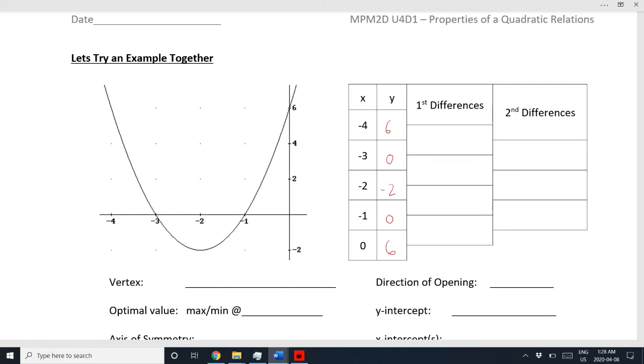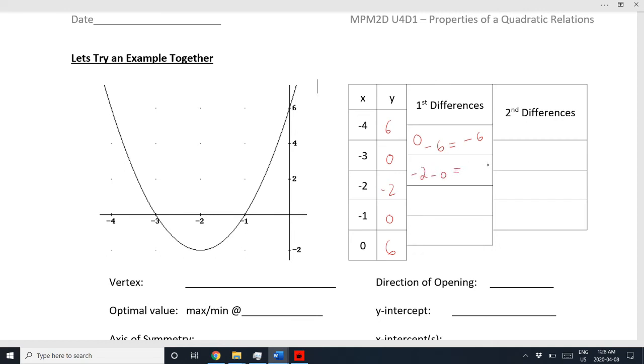We will now find our first differences. As you recall from grade 9, first differences is where we take the second y value and subtract the first from it. Let's try it here. Our first difference would be the value when we take y2, which is 0, and we're going to minus the first y from it, which is 6. We're going to get a value of -6. Let's try the next one. -2 minus 0.